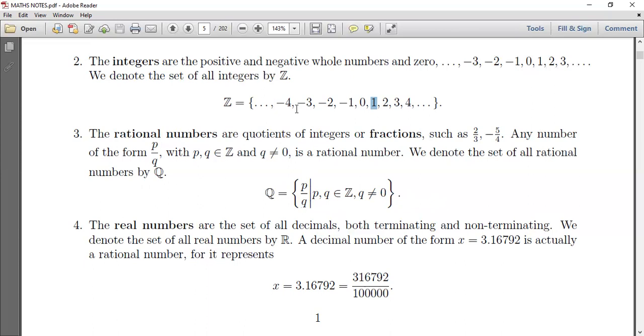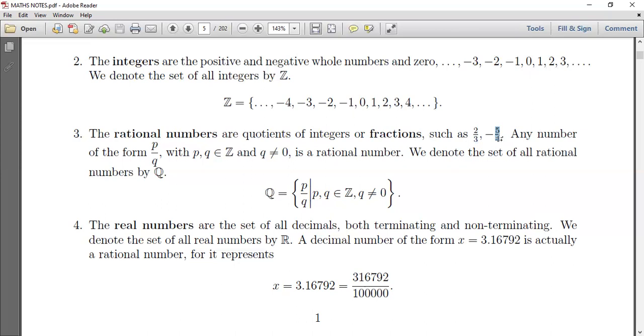But there are special rational numbers where the denominator, where Q is equal to 1. When Q is equal to 1, we form an integer. But it does not mean that these are the only rational numbers. We also have rational numbers like 2 over 3 that have a denominator Q not equal to 1. We also have -5 over 4, -20 over 3, -70 over 10.